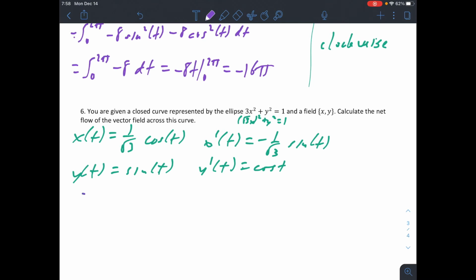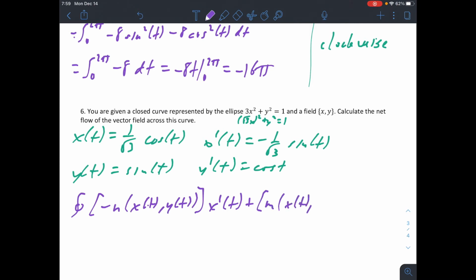So when we do our integral, we're going to do negative n times x prime, and then we're going to add m times y prime dt.